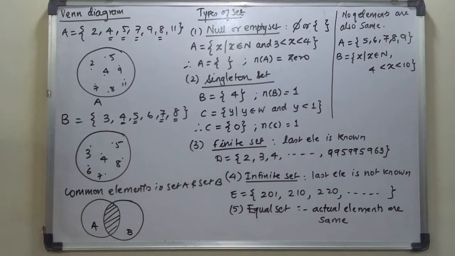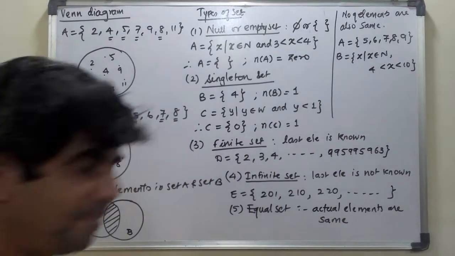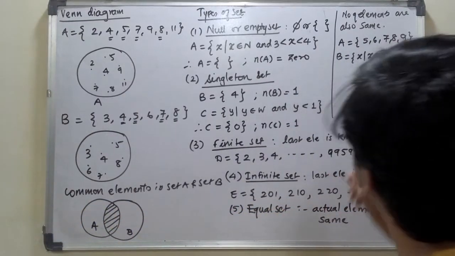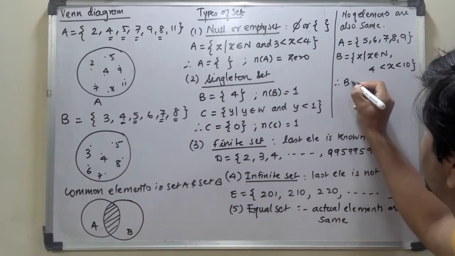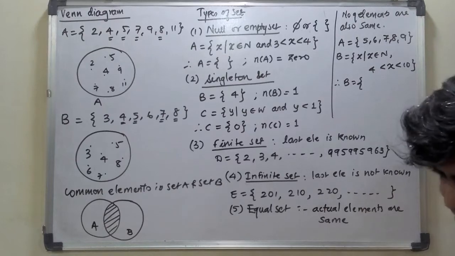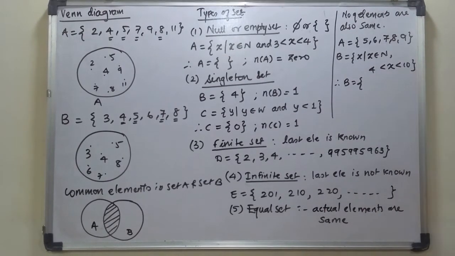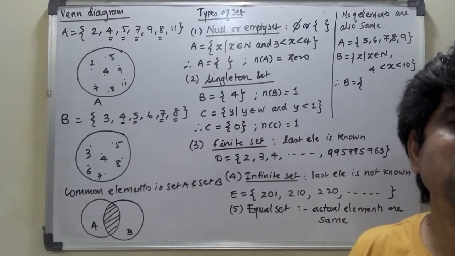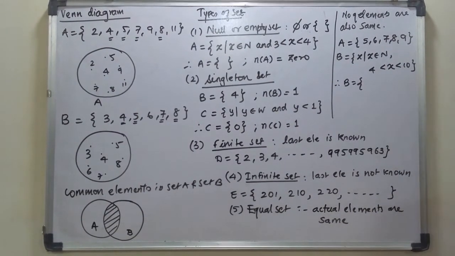If you see this set B, what does it tell me? It is the set which belongs to natural numbers. So you go for counting numbers 1, 2, 3, 4, 5, 6, 7, 8, 9, 10 and so on continuously. But it says x must be greater than 4.